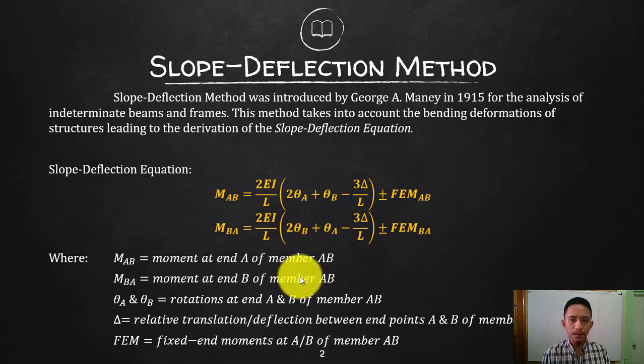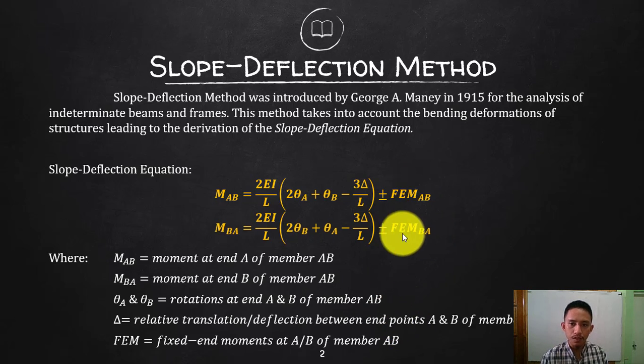And then FEM, that is plus or minus whatever the sign of your FEM. If we say FEM, that is the fixed end moment. Okay, so if you say fixed end moment, what are these? But again, if you say FEM sub AB, that is the fixed end moment at point A of your member AB, FEM sub BA means that is the fixed end moment at point B of your member AB.